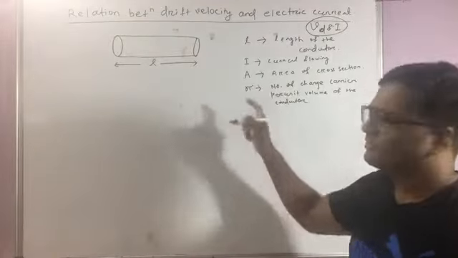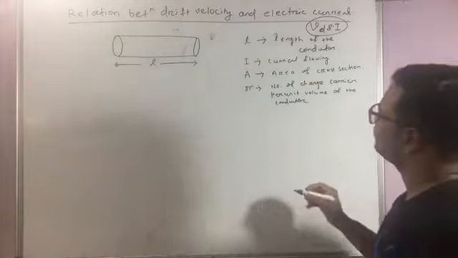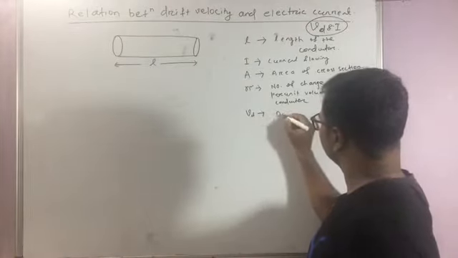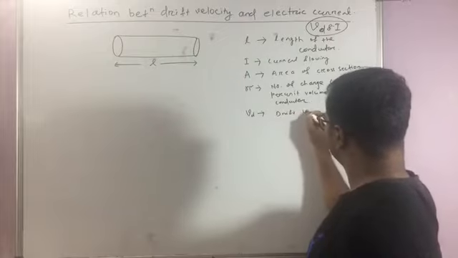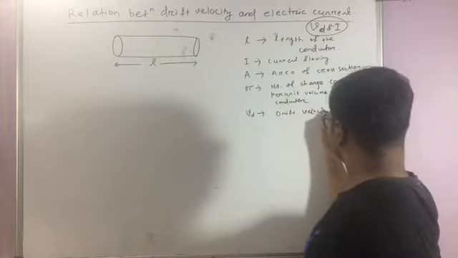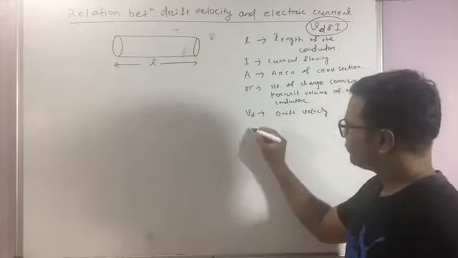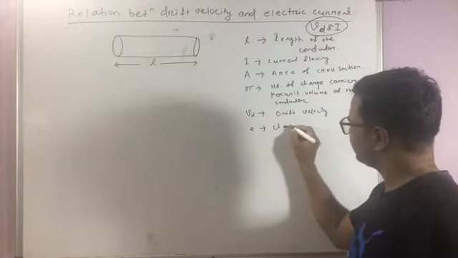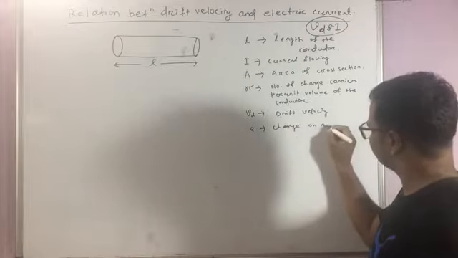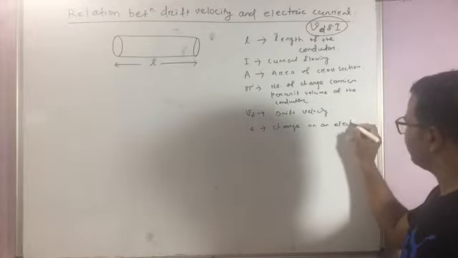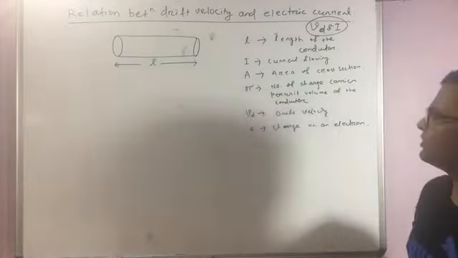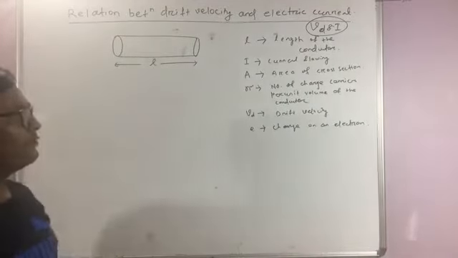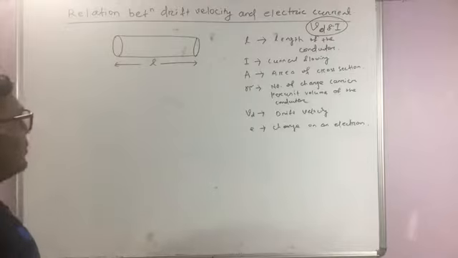This n differs from material to material. Let's say Vd is the drift velocity. As you know, e is the charge on an electron. So these are the parameters involved here for the conductor current flow with a drift velocity.